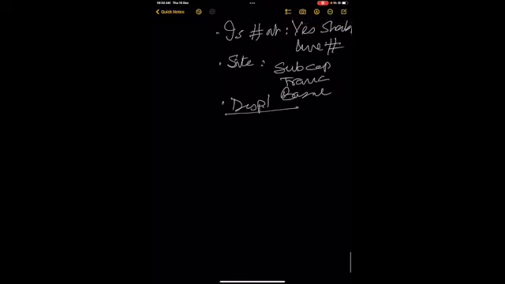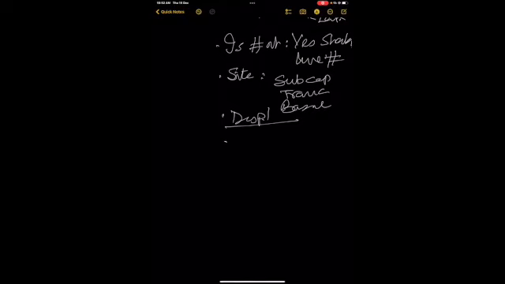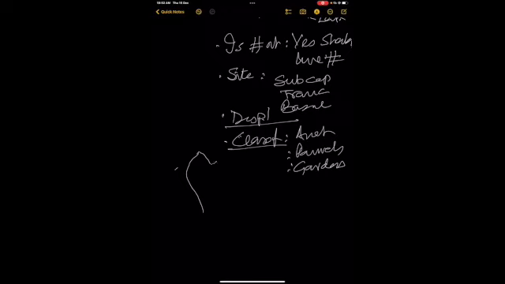Then you have the classification: anatomical classification, Pauwels' angle, Garden's classification. Pauwels' angle is drawn from a horizontal line to the line of the fracture.